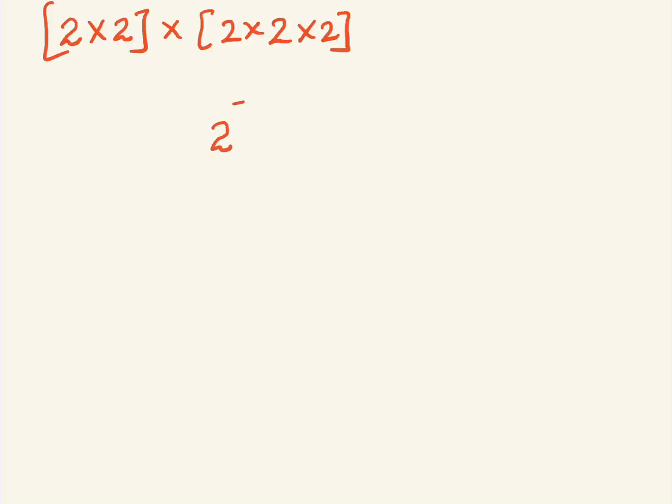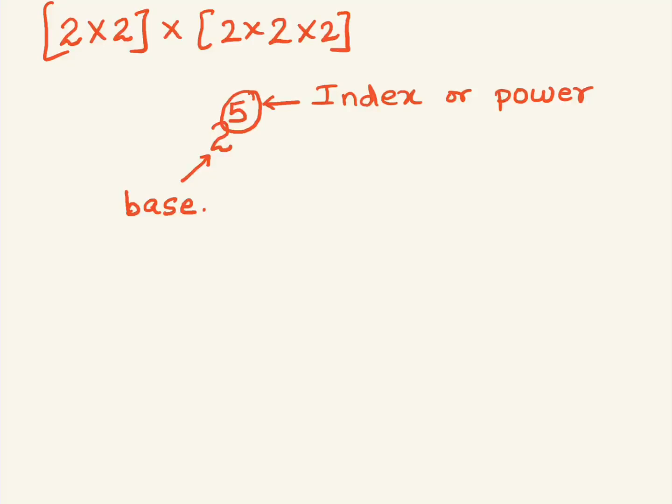So in 2 to the power of 5, this number 2 is known as the base. 5 over here is known as index or power, right? And this equals 32, which is its value or the integer.